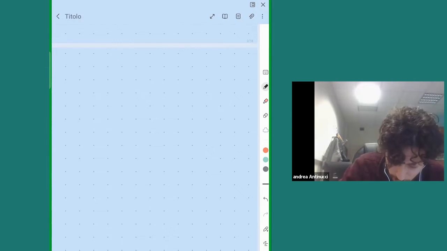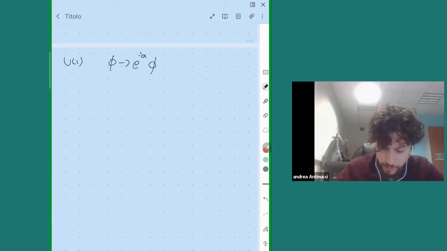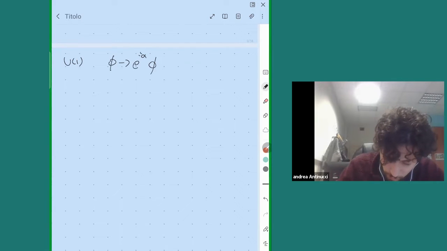For instance, you have a U(1) symmetry, and then you take phi going to e^{i alpha} phi. But if alpha is not constant, then the action will not be invariant, and you will get a term which is alpha d star j.